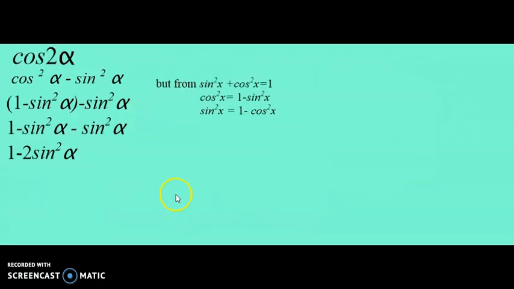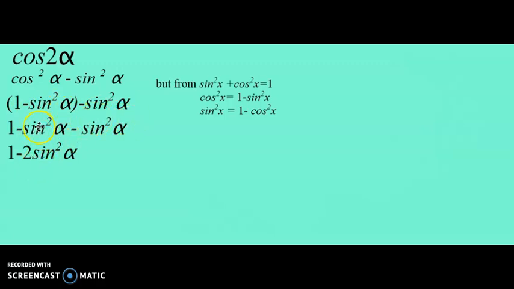So now we've seen that cos 2 alpha was written as cos square alpha minus sine square alpha. If we now substitute cos square alpha with 1 minus sine square alpha, according to our very first identity, then we will have 1 minus sine square alpha minus sine square alpha.